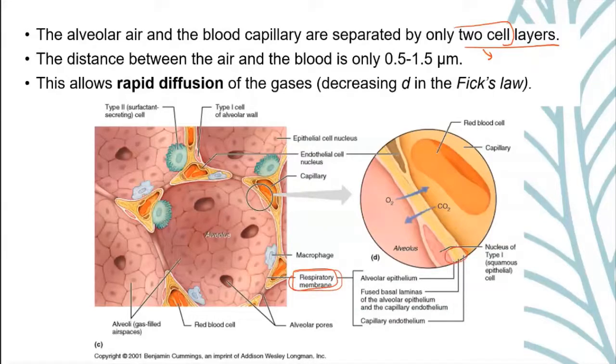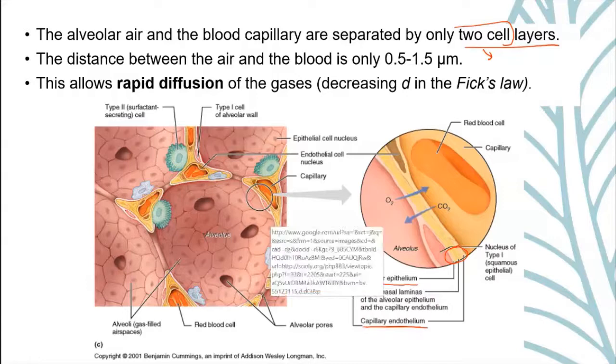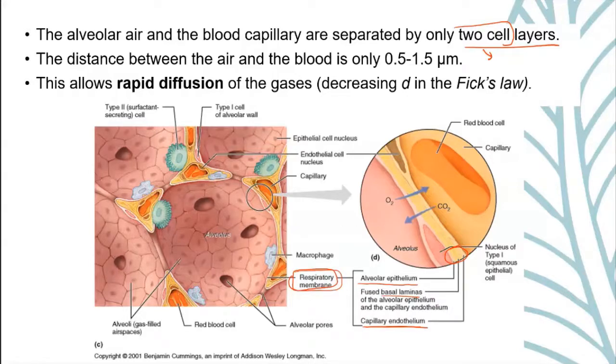It involves the alveolar epithelium, the wall of the alveolus, which is one cell thick and made up of epithelial cells, and then the wall of the blood capillaries, which is the endothelium, also one cell thick. In between, the two walls are fused together by the basal lamina. So this is the respiratory membrane. Basically it is two cell layers.